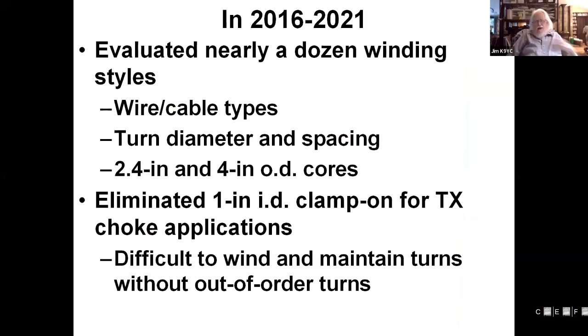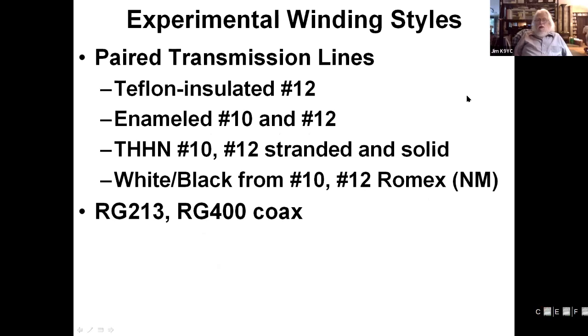So I evaluated nearly a dozen winding styles using different wire and cable types, different turn diameter and spacing, on both of those cores. I eliminated the 1-inch ID clamps for transmit chokes because they're difficult to wind and maintain turns without out-of-order turns. These are the transmission lines that I studied.